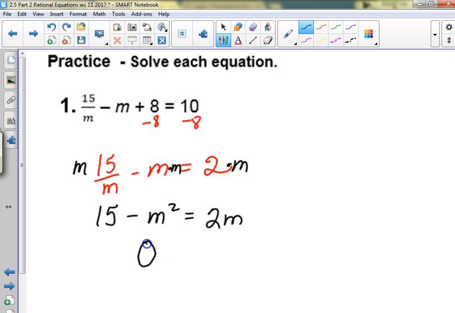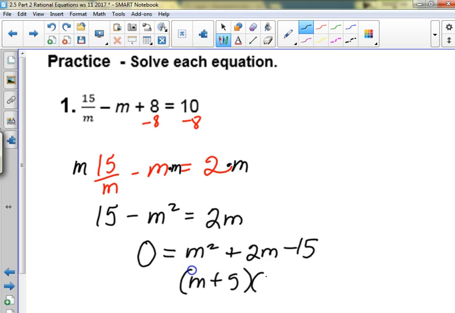I'm going to make it equal 0 on that side because I like a positive m squared. Good job. Is everybody all right with what I did? I moved it all to the right side and okay. m plus 5, m minus 3. Yes? So m equals negative 5 or 3.